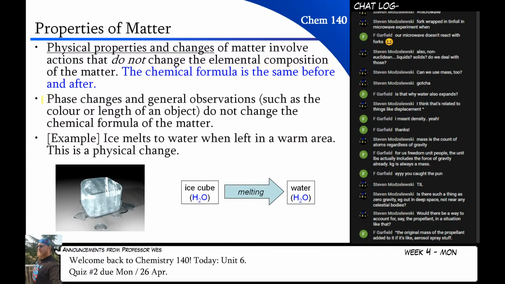The things that are physical by nature are always phase changes and anything that is just a general observation. However, other things can affect that too. For example, if you take aluminum and you put it under the 1,000-ton press.